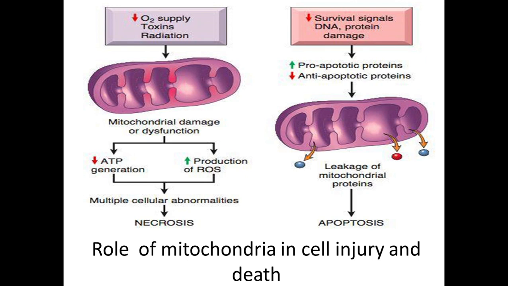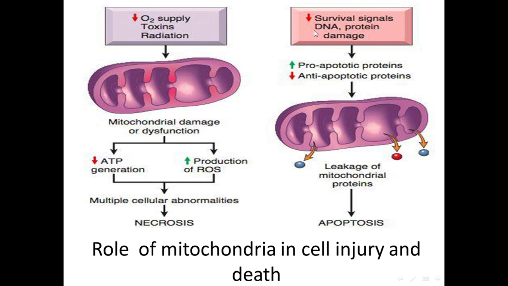Now it comes to the mechanism of apoptosis, or pathogenesis of apoptosis, and we will speak about the role of mitochondria in apoptosis and in general in cell injury, necrosis and apoptosis. As we said, in case of necrosis, there will be mitochondrial damage with decrease in the ATP, with increase of reactive oxygen species, and this will lead to multiple cellular abnormalities with necrosis.